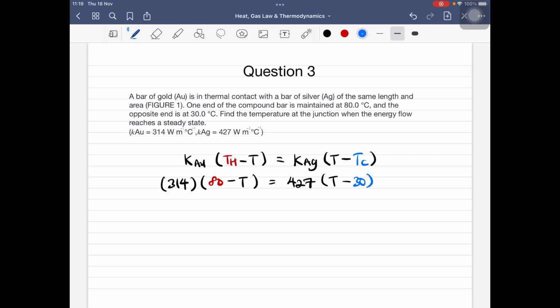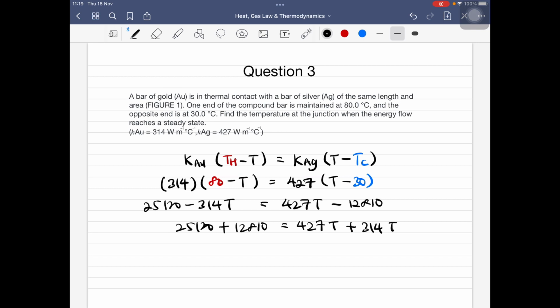To solve this, I'm going to use expansion. So our T is equal to 51.19 degrees Celsius.